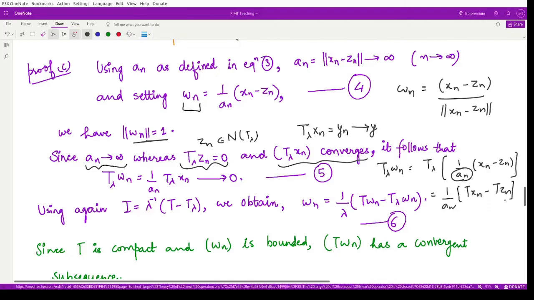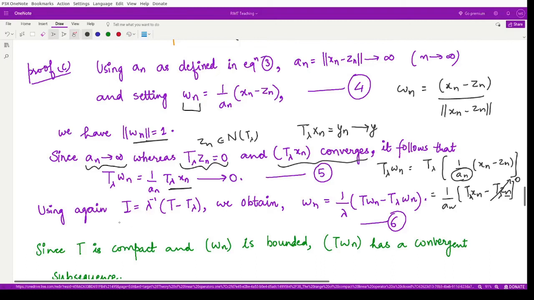Now T lambda of zn is 0. This quantity is 0 because zn is present in the null space of the operator T lambda. So we are left with 1 by an T lambda of xn, and again this converges, so we are saying that it tends to 0. So this is our equation number 5.